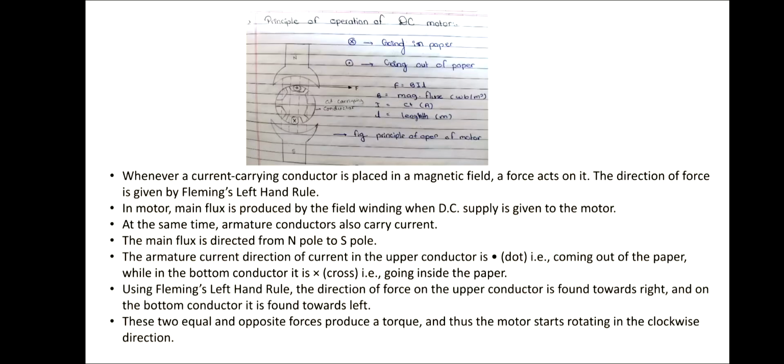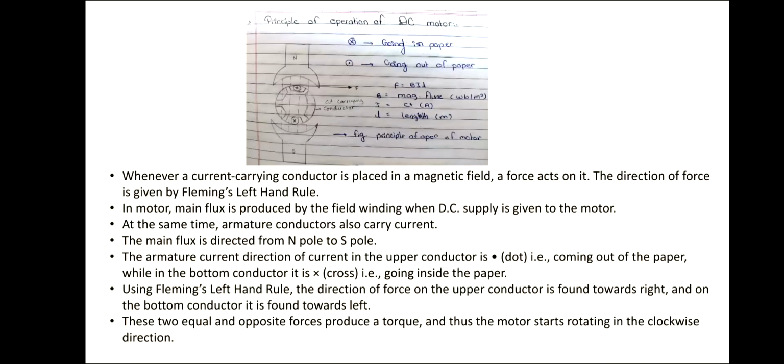The main flux is directed from north pole to south pole. The direction of armature current in the upper conductor is given as a dot, that is going out of the paper, while in the bottom conductor it is a cross, that is going inside the paper.